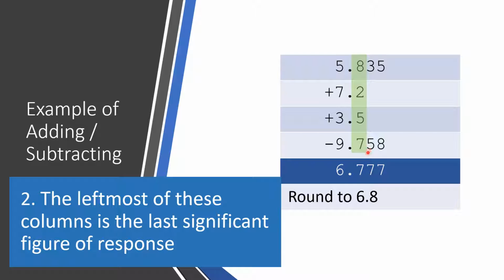So we add these all up, ignoring the round-off issues, and we end up with 6.777. Then we round this number off, retaining the 10th column. And remember, the 7 is between 5 and 9, so this gets rounded upward to 6.8.